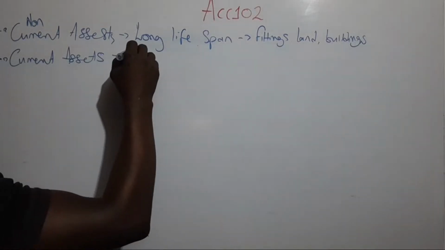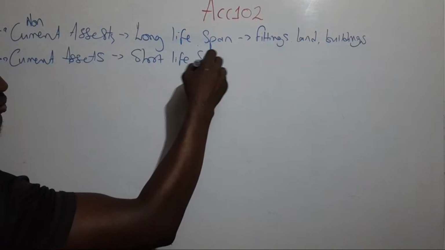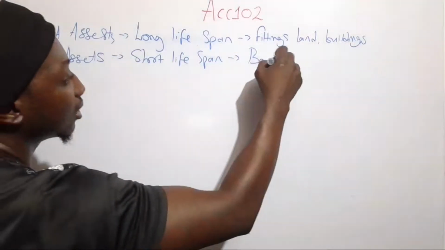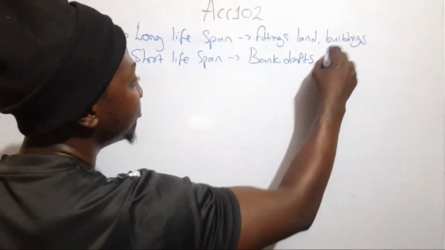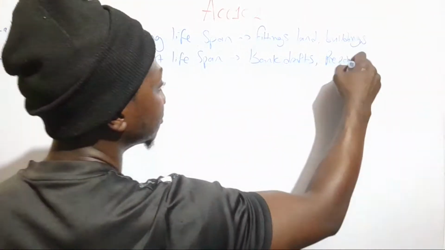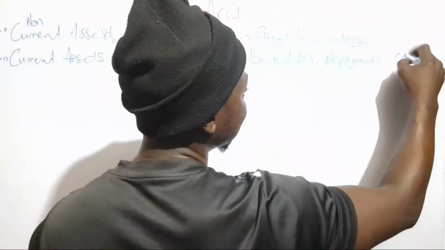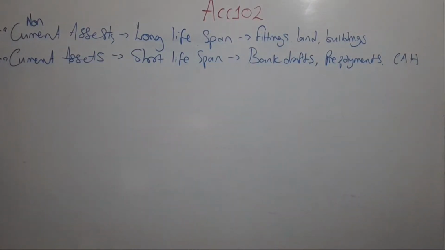Short lifespan, where we have bank drafts, prepayments, cash at hand, and the likes, or cash in hand, either way. So we have that as that.